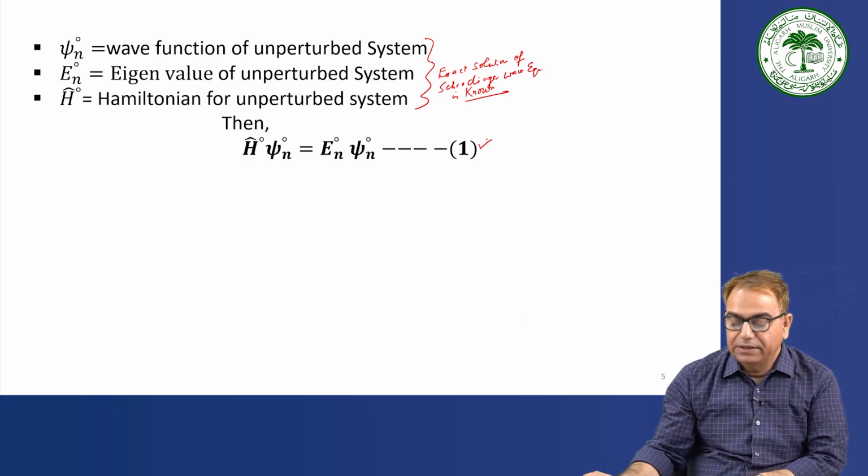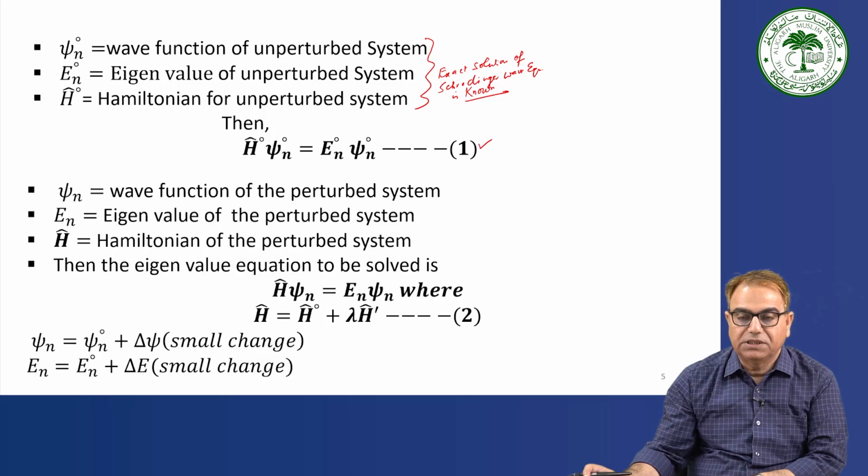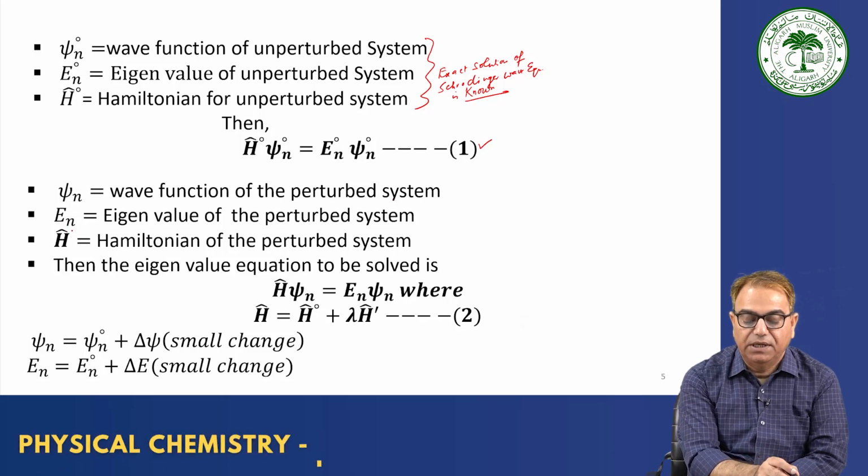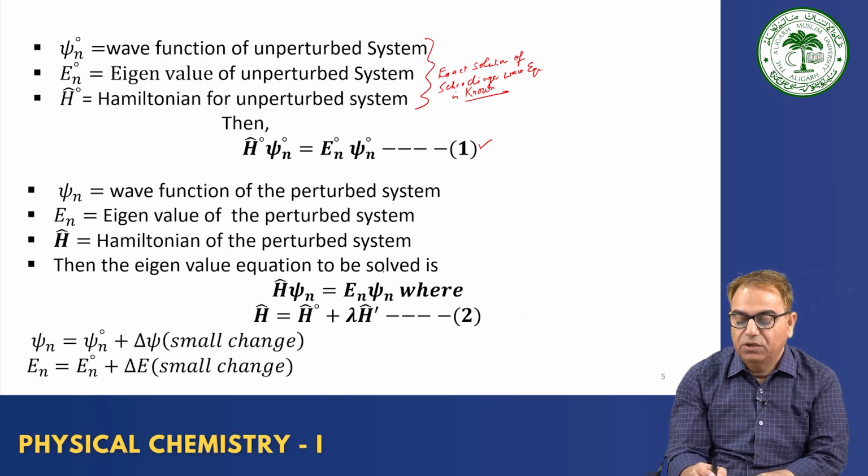Then for the perturbed system, we remove the naught. Psi n is the wave function for the perturbed system, E n is the eigenvalue of the perturbed system, and H is the Hamiltonian for the perturbed system. Then the eigenvalue equation to be solved is H psi n equals E n psi n. This we don't know. This is known, but this is not known. Here H equals H naught plus lambda H prime.